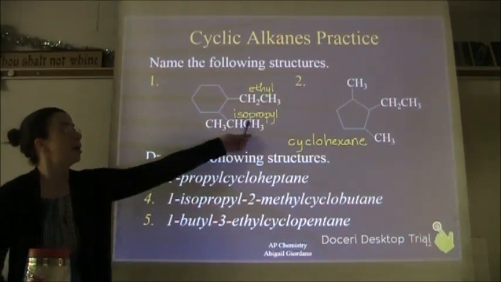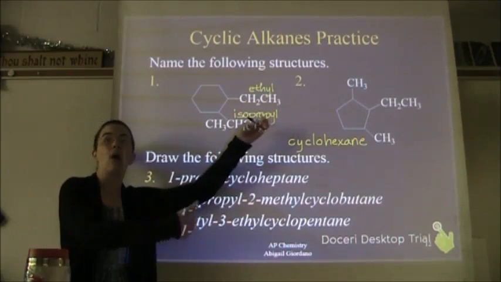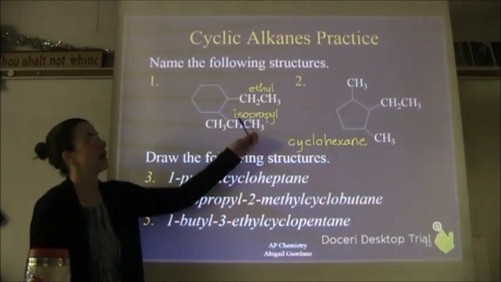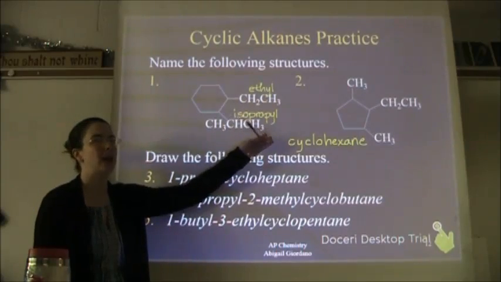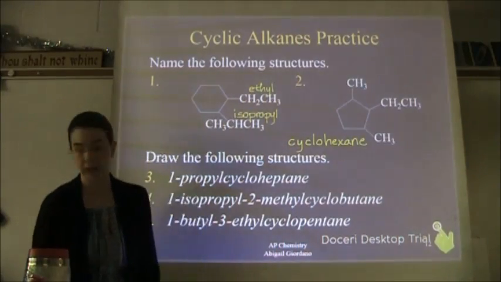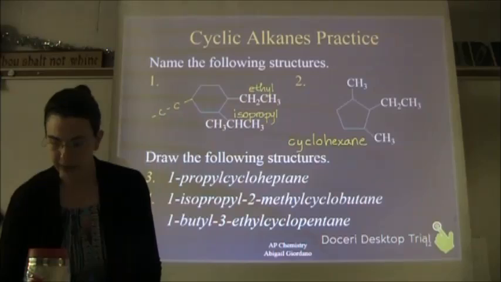Okay. Many of you, I'm sure, have heard that word before, like isopropyl alcohol, rubbing alcohol. Here's why this is isopropyl and not propyl. Let me just show you what propyl would look like if it were a substituent. It would be like that.